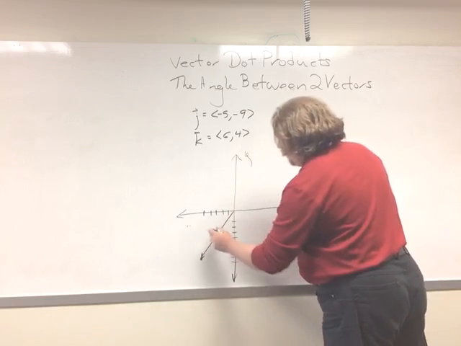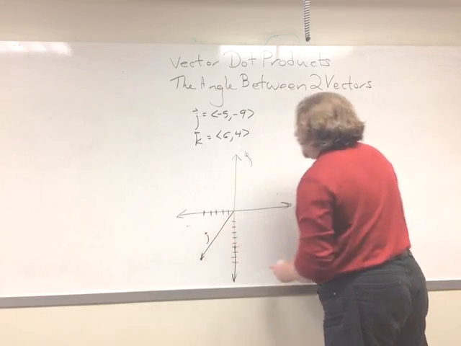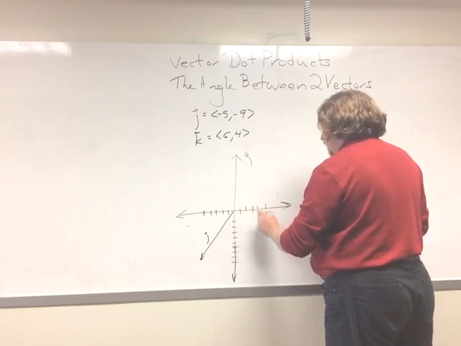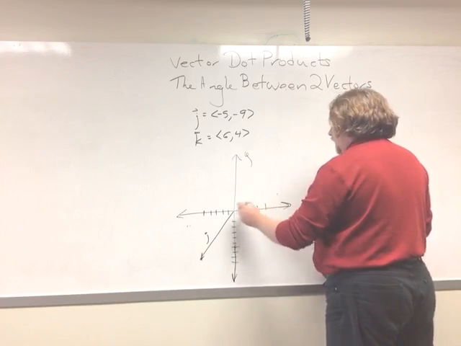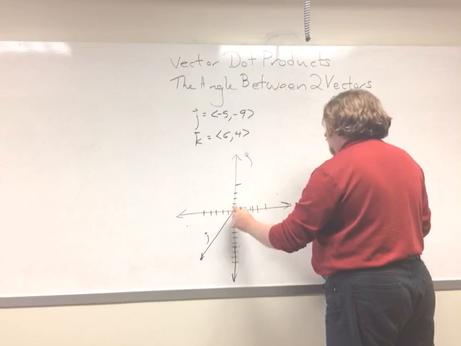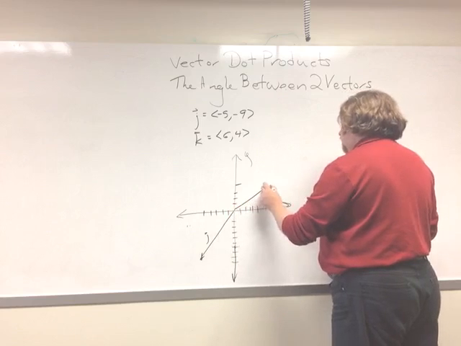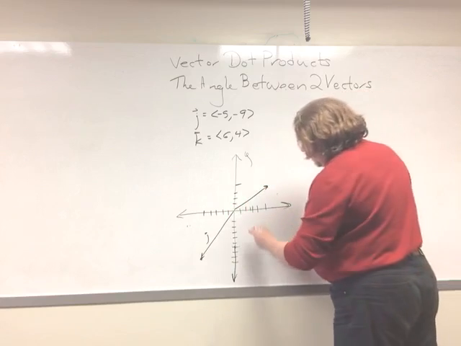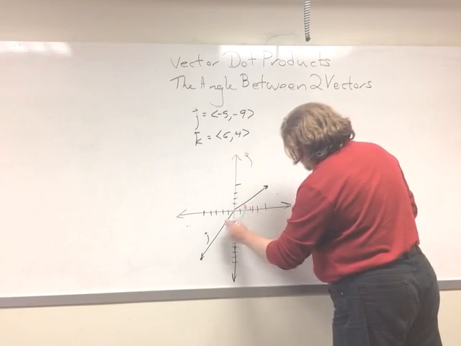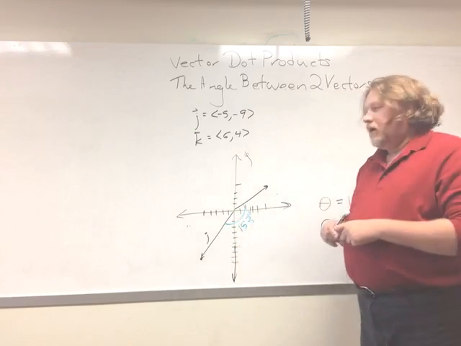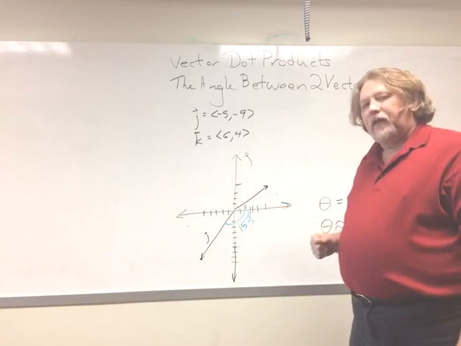So there is vector J. We had vector K, which went 6 to the right and 4 up. And we're saying that this angle right here between them is 153 degrees roughly. So that's what we just found.